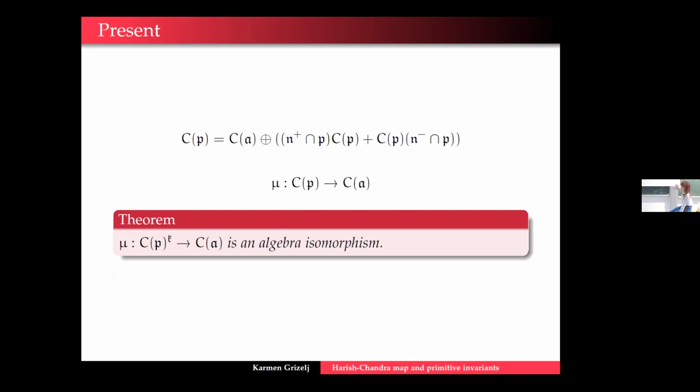The abelian part is denoted by A. Its positive part and negative part, meaning positive root vectors and negative root vectors inside of P. And now that we have this decomposition on the Clifford algebra, we define the Harish-Chandra map in the same way.